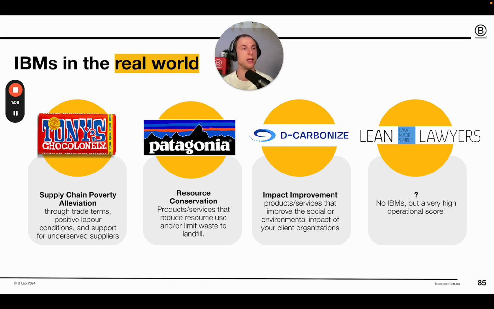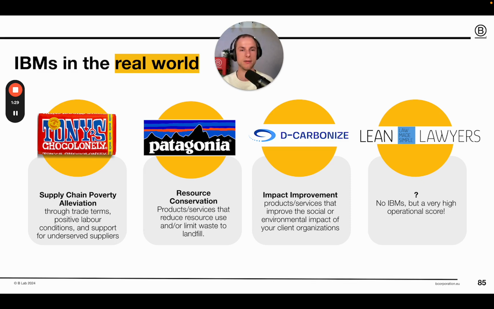Patagonia, as some or most of you I think will be familiar with, is particularly focused on the ecological world around us and in saving the resources that are in our natural world. So they try to counter resource depletion in multiple ways.